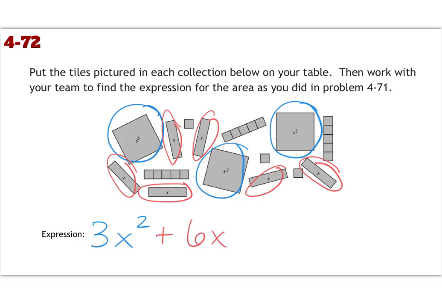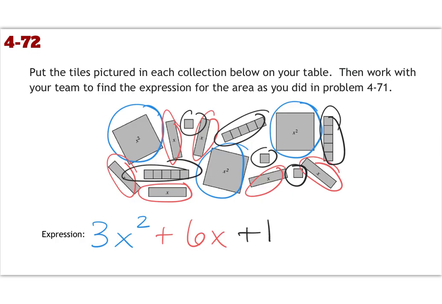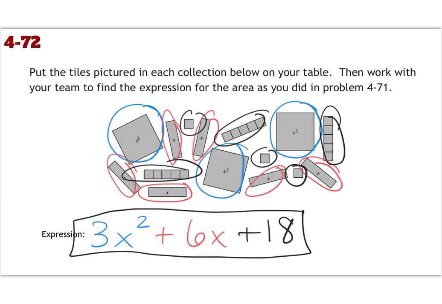So we would write plus 6 x's. Counting the units, I see a total of 5, 10, 15, 16, 17, 18 of them. That is your simplified expression, and that is your final piece of your notes.